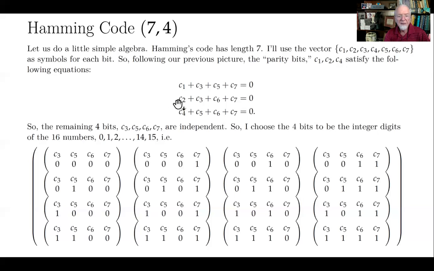C2 will also give you, these two are 0, so this will also give you a 1. And C4, C5, C6 are 0, C7 is 1. So this will give you 3 bits of 1.